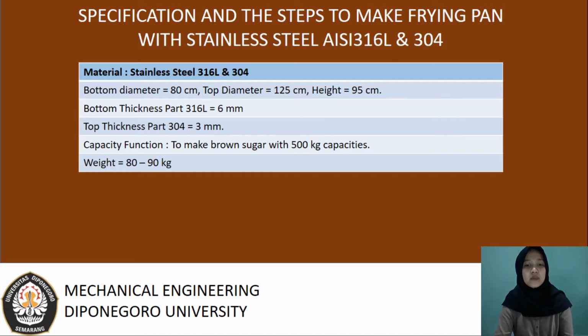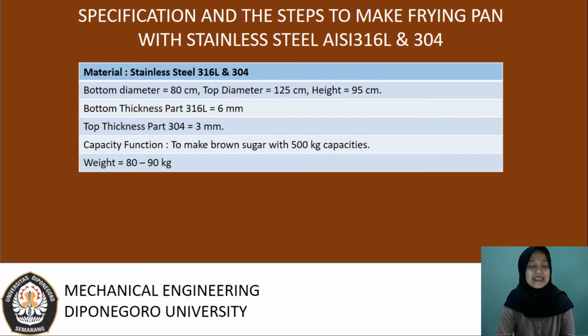The bottom thickness in stainless steel 316L is 6 millimeters, and the top thickness in 304 stainless steel is 3 millimeters. Its function is to make brown sugar with a 500 kilogram capacity, and the weight is only 80 to 90 kilograms.